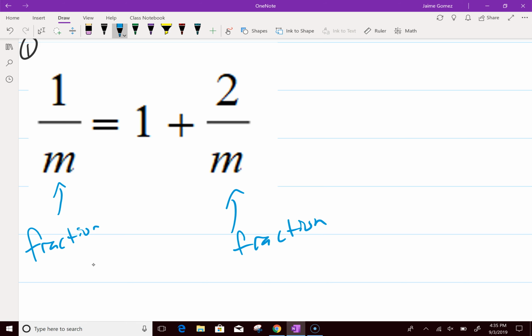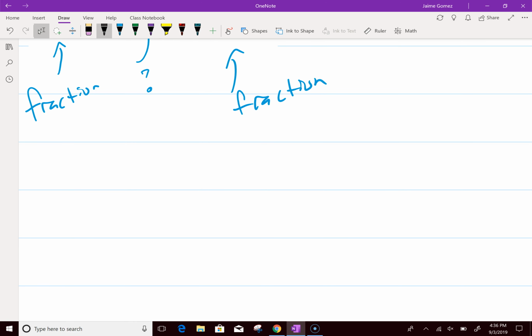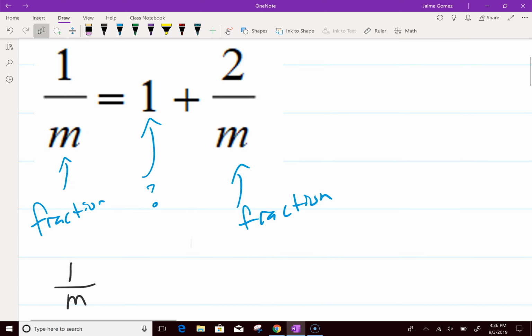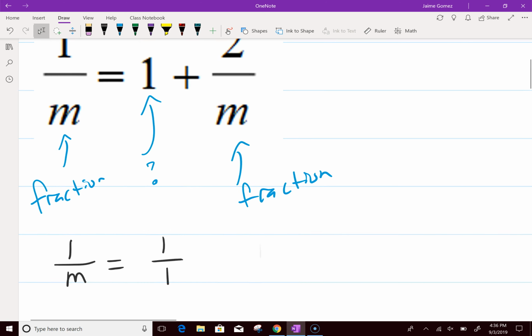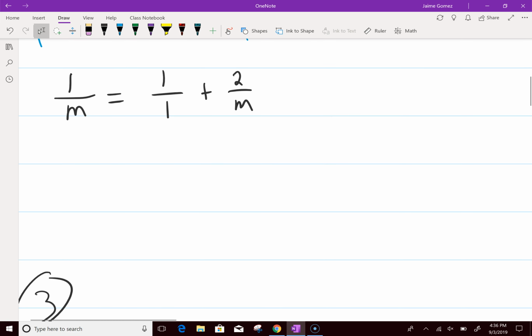I want them all to be fractions. How do you make this a fraction? Well, I'm going to rewrite it as a fraction. I'm going to rewrite it as 1 over m is equal to 1 over 1 plus 2 over m. Now they're all fractions.